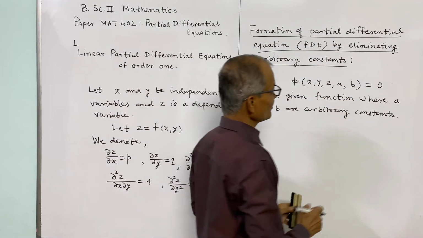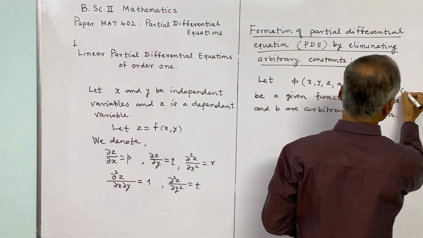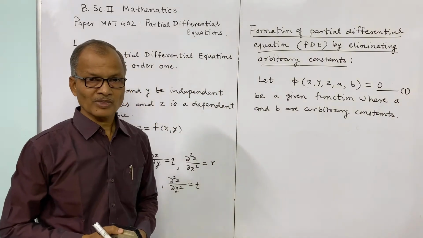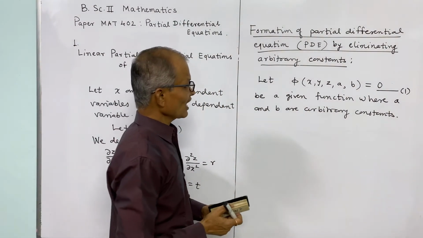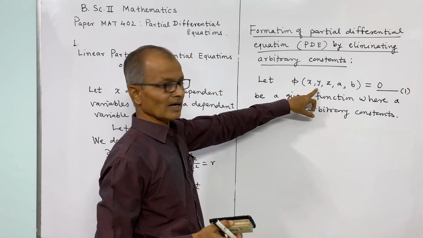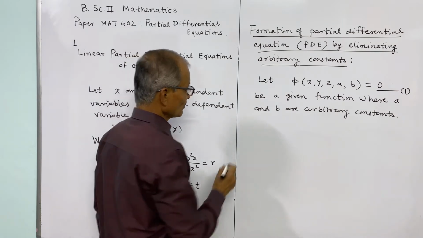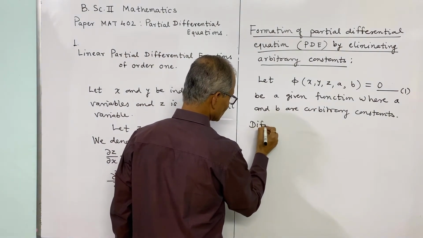To eliminate a and b, suppose this is equation 1, we shall differentiate 1 partially with respect to x and y in succession. Here we are going to assume x and y are independent variables and z is the dependent variable.